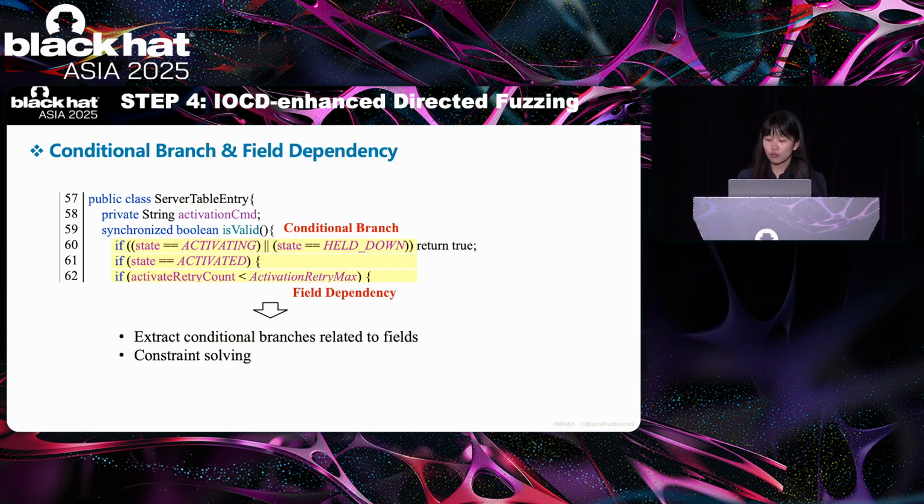Note that we also extract implicit constraints to make sure the program execution would not trigger an exception. For example, a field cannot be none when it invokes some methods, and another example is forced typecasting, which requires the field to be an instance of a specific type.